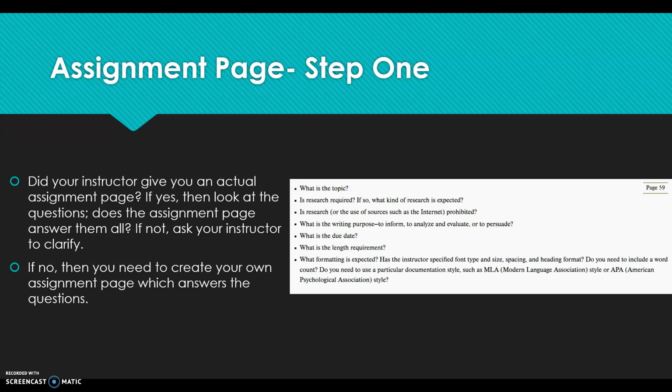If not, you want to ask your instructor, get clarification if it's not written in the assignment. If you didn't get an assignment sheet at all, create your own and ask your instructor those questions as well, so that you know going into the assignment everything that you need to do to be successful.